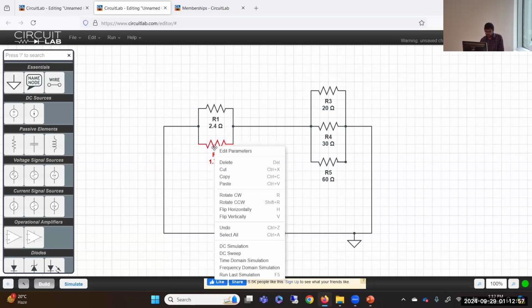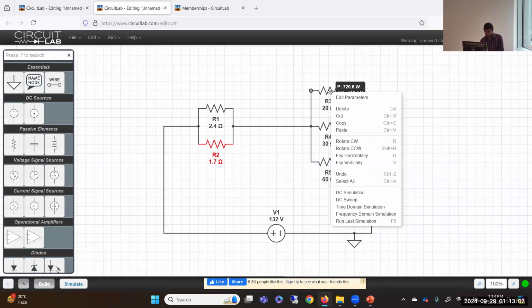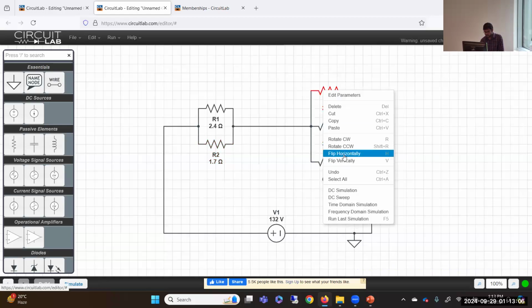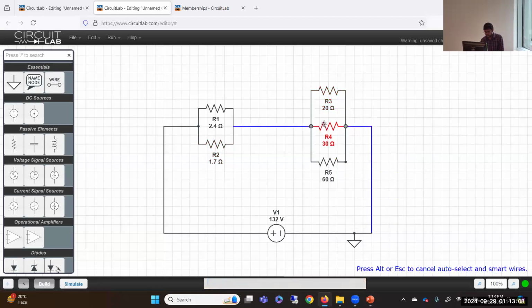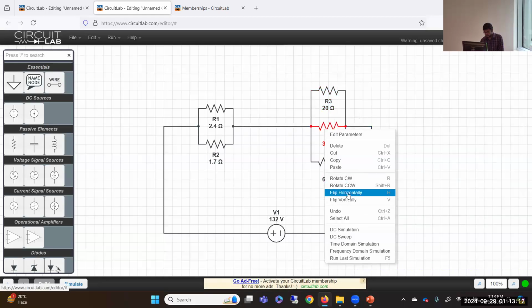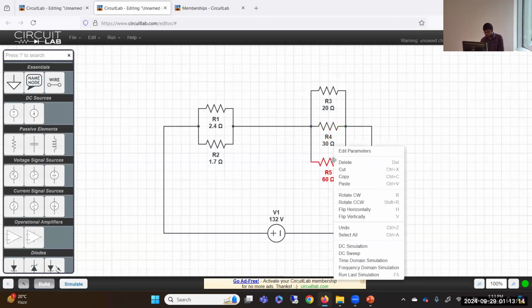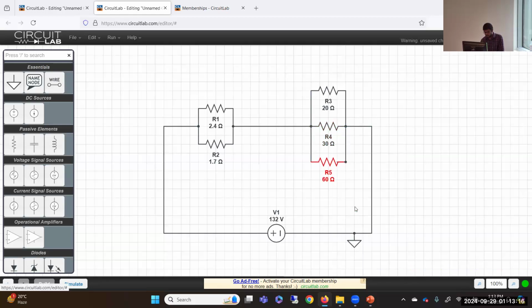So for all the resistors, we need to just flip horizontally. Now you see it shows positive values.